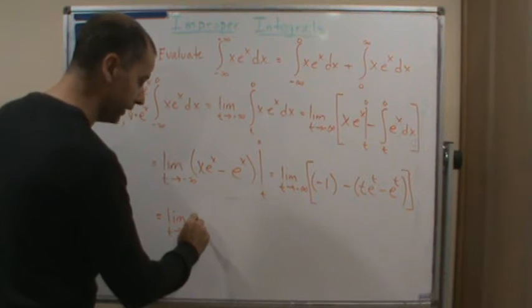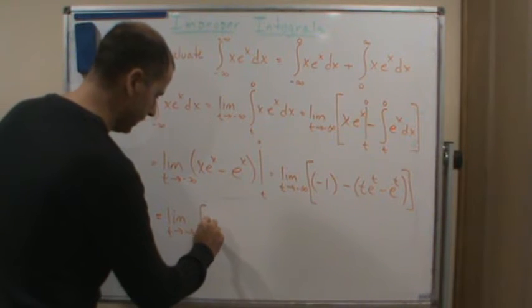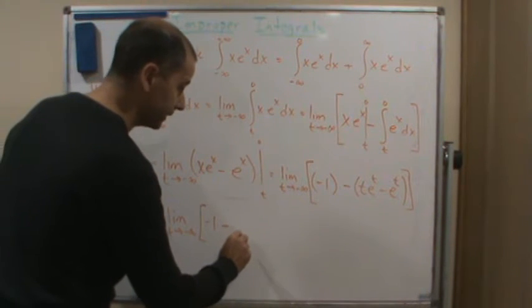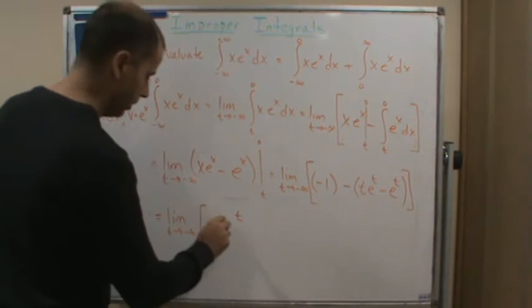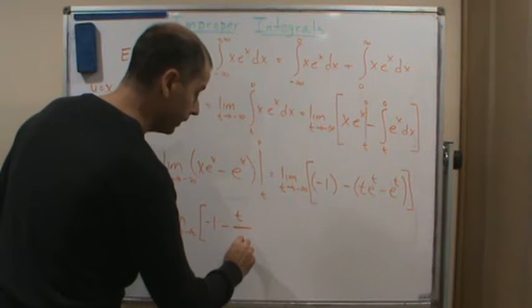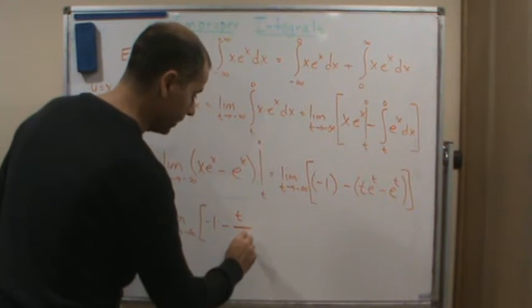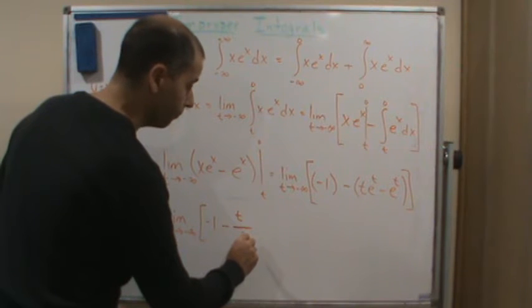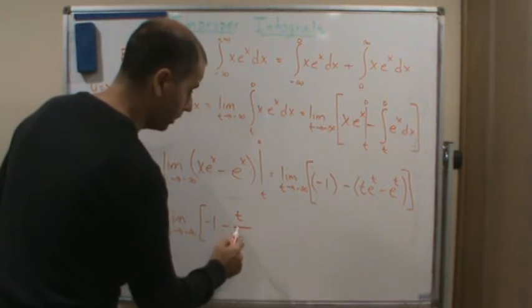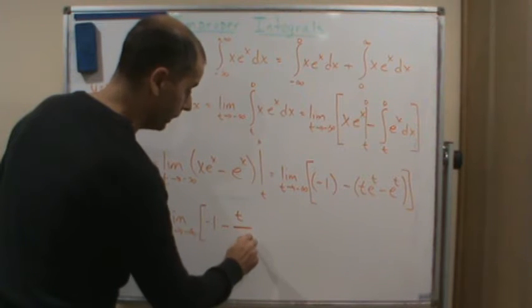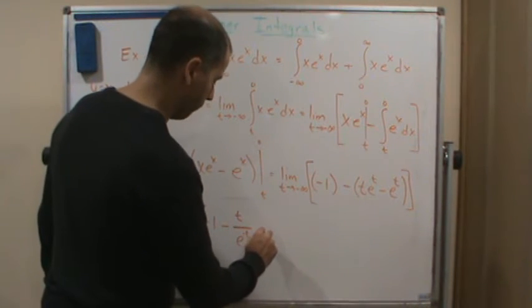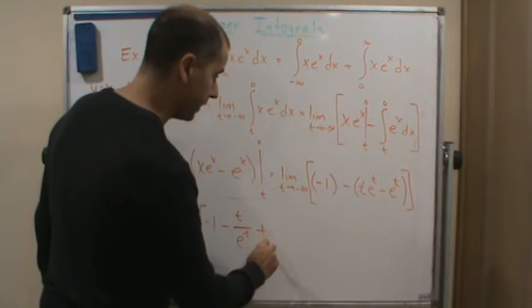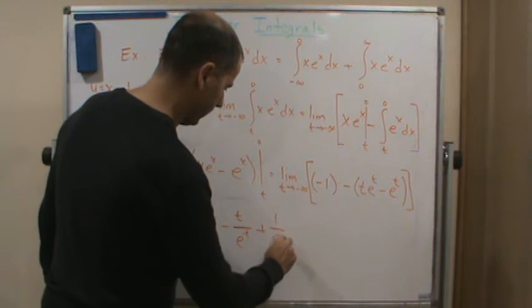So this is going to be negative 1 minus t over e to the negative t, plus 1 over e to the negative t.